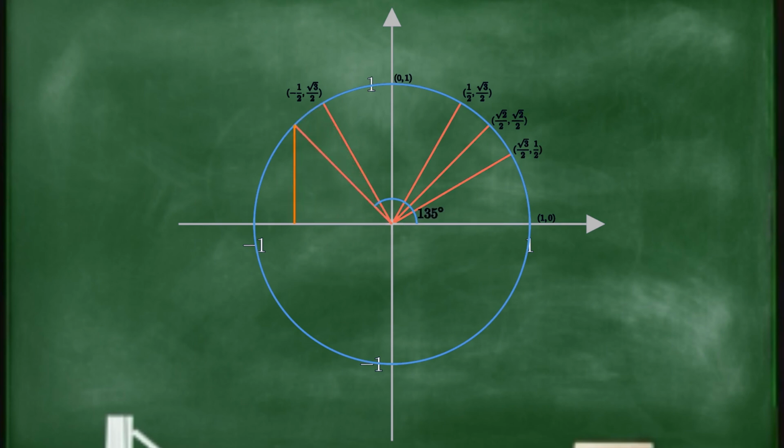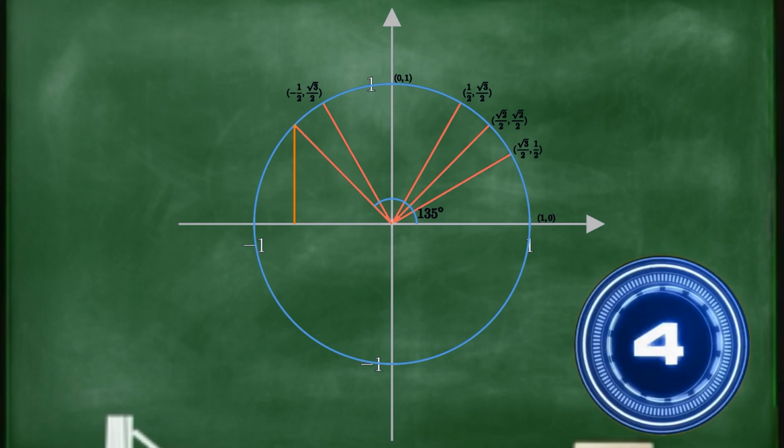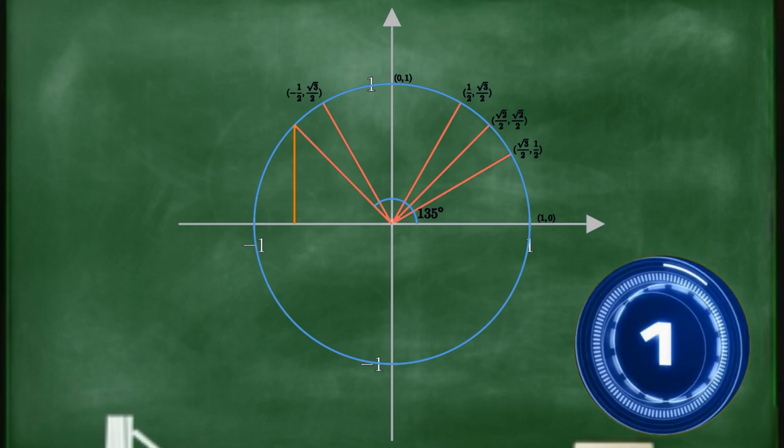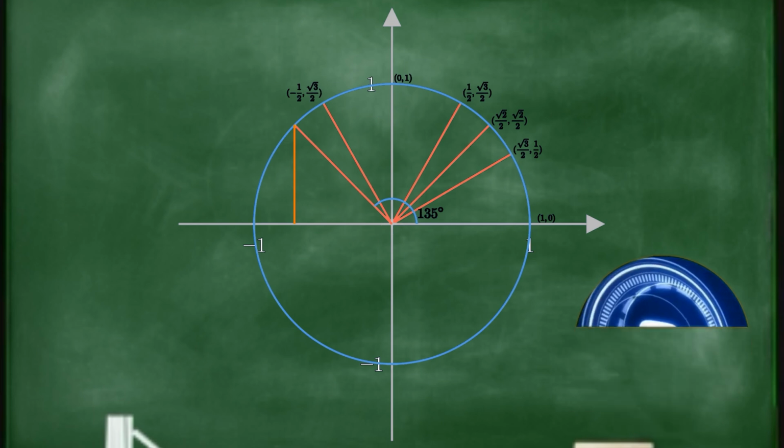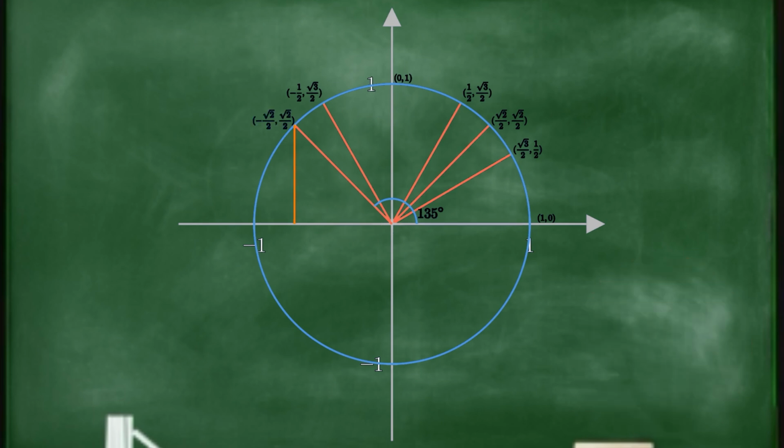Now, try to guess the coordinate point when the angle of rotation is 135° counterclockwise. Very good. That is negative square root of 2 over 2 and square root of 2 over 2. Next.